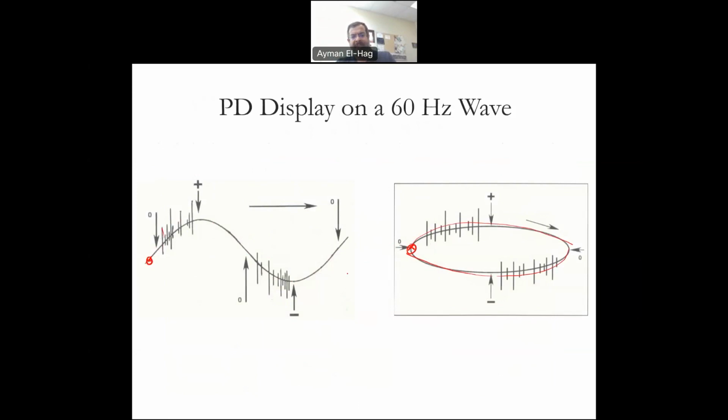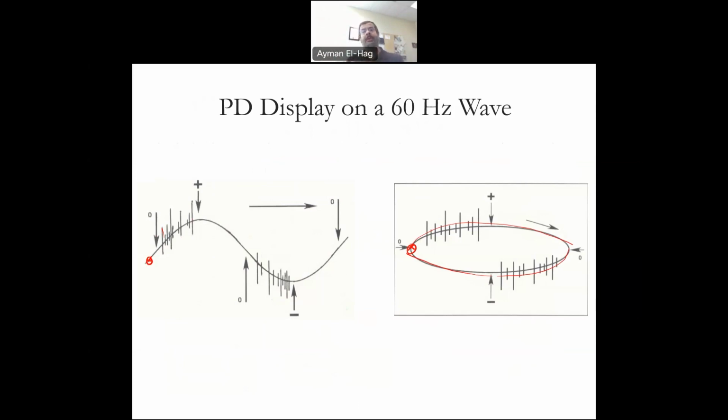These are two ways of showing the PD pulses as they happen during the application of the AC voltage. Their patterns, where they start and where they end, are important and give the inspector some clues about the type, maybe the location, of the partial discharge.